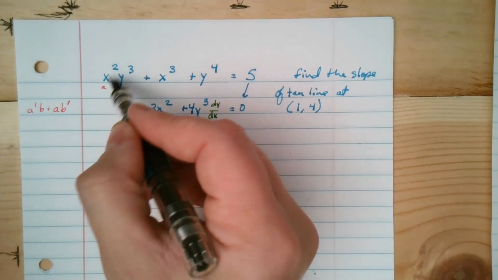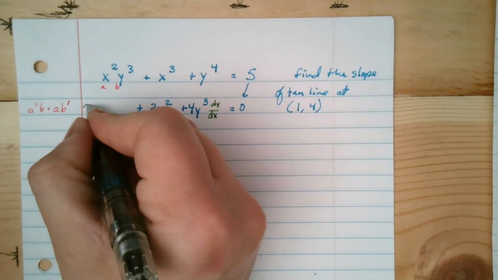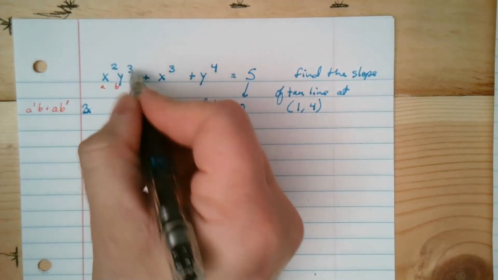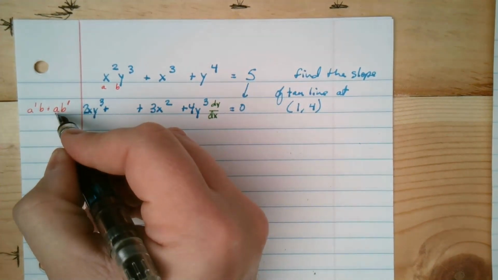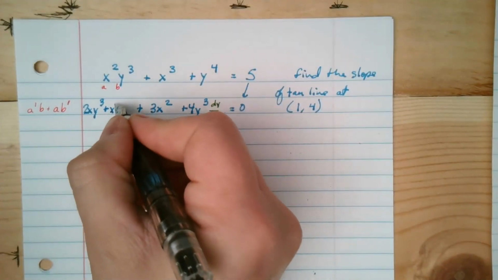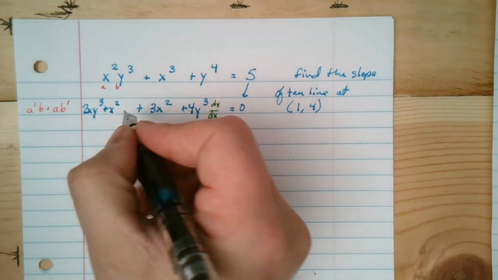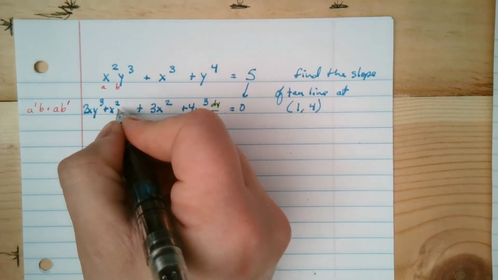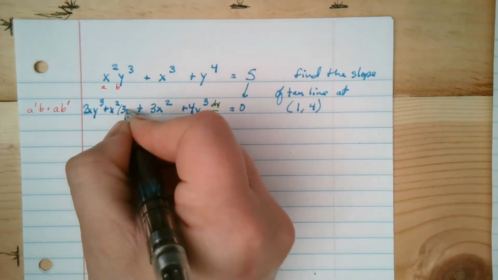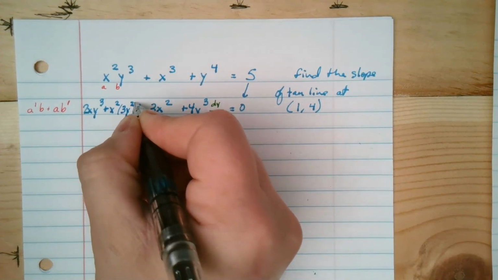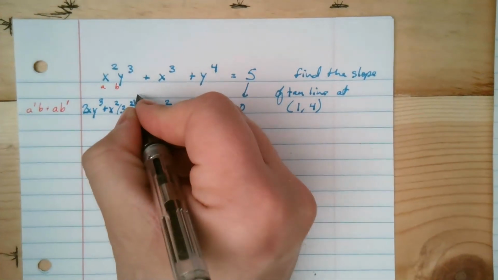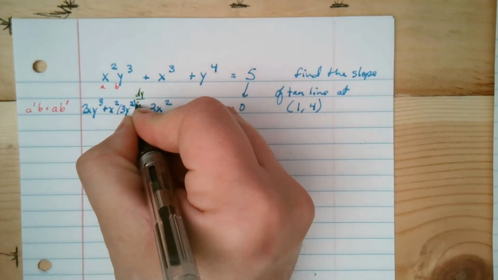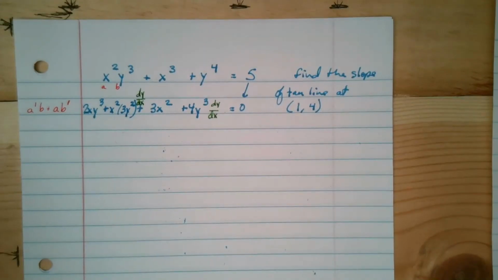So this guy's derivative is 2x, and then copy him, y cubed, plus copy A, x squared, and the derivative of y cubed is going to be 3y squared. And of course, that has to have a dy/dx attached to it.